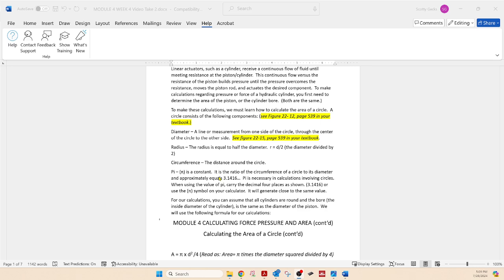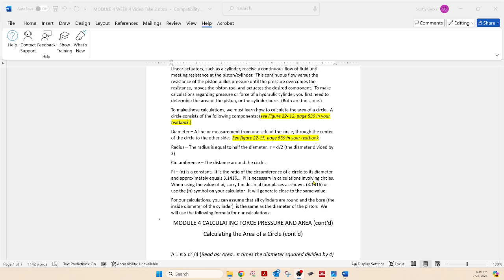In other words, for any circle, if you divide the circumference of the circle by the diameter, you'll come up with 3.1416. So check that out in a couple of instances. It's a constant, and just like there are other constants we will come across in hydraulics and other calculations that we do.